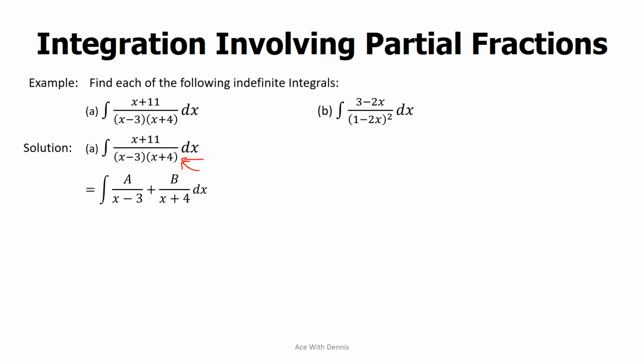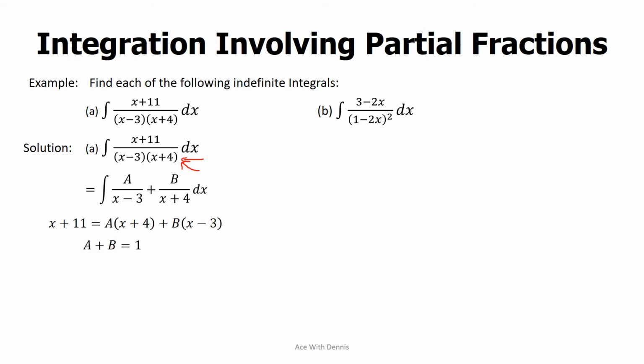Hence, it becomes integration of a over x minus 3 plus b over x plus 4 dx. And now, we want to find the values of a and b. So, we do all the steps in partial fractions, which is x plus 11 equals a times x plus 4 plus b times x minus 3.